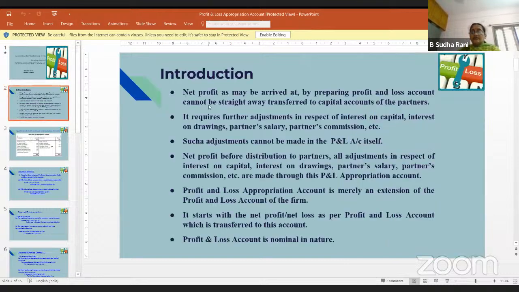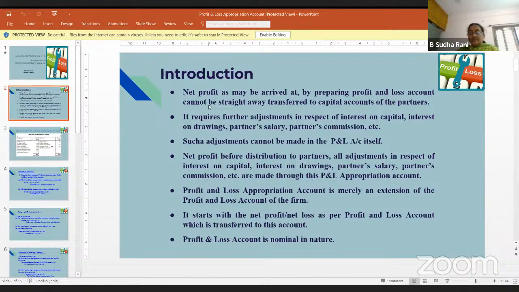So under this, in the question, you will be given the adjusted profit for the year and some information relating to the partners' capitals, interest on capital rate, interest on drawings rate, partners' drawings, and loan.